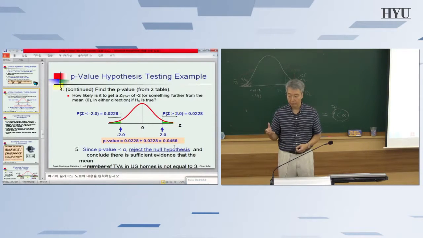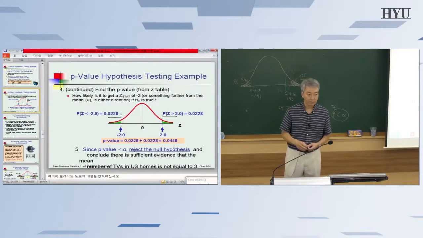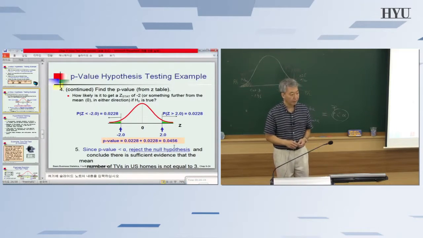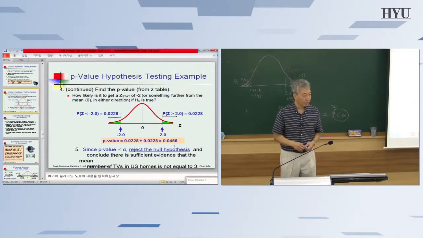So using a 95% level of significance or confidence level, what should be your conclusion? Because p is less than alpha, right? Alpha is 0.05, and we found that the p-value is 0.045. So your conclusion will be to reject the null hypothesis.